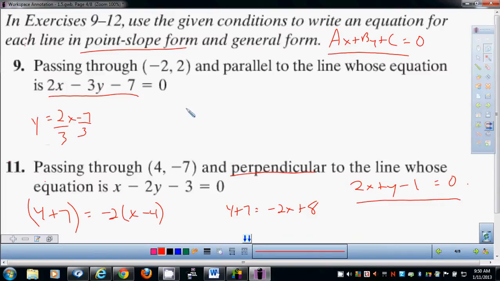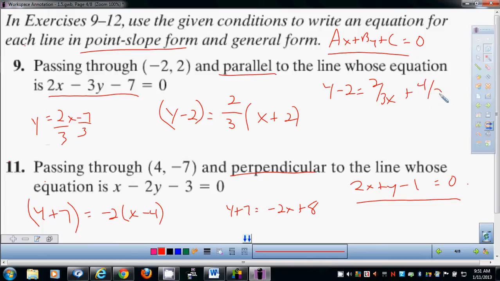So my slope is 2/3, and here's my point. Y minus my y value equals, now it was 2/3, but we're parallel, so it's still going to be 2/3. X minus my x value. So there's point slope. So that'll be y minus 2 equals 2/3 x plus 4/3, when you multiply this by both of those.